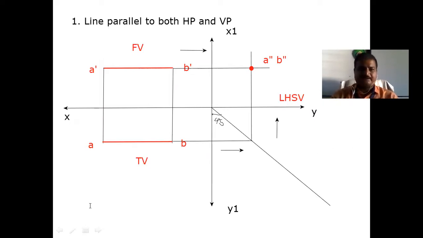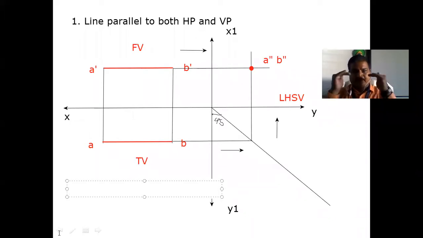So about this particular diagram or about this first case, we can write that front view is above the XY line, top view is below the XY line. Both the front view line and top view line are parallel to the XY line, and it gives true length.